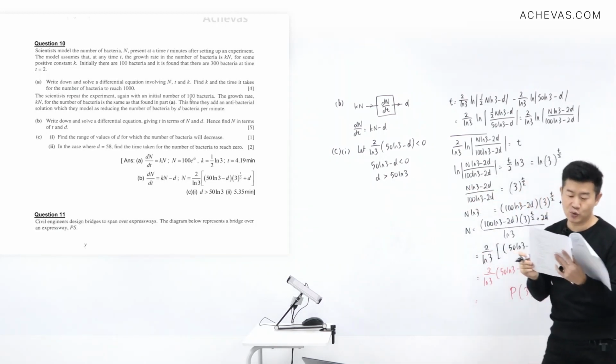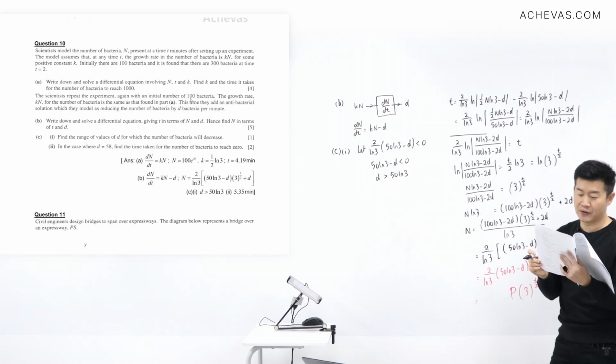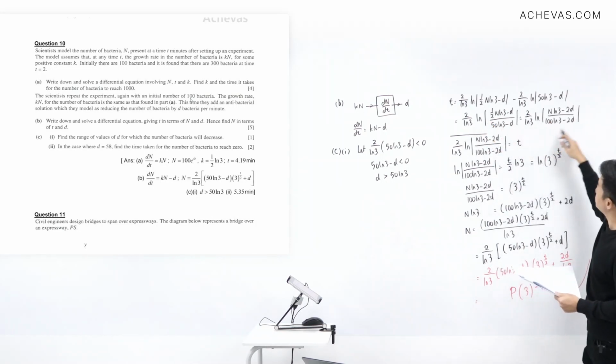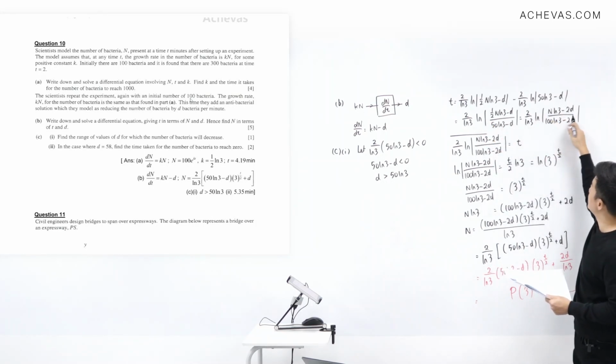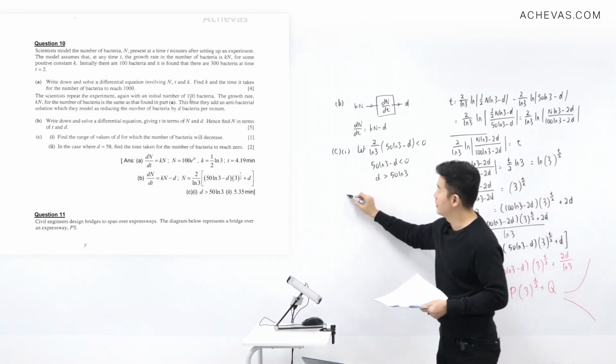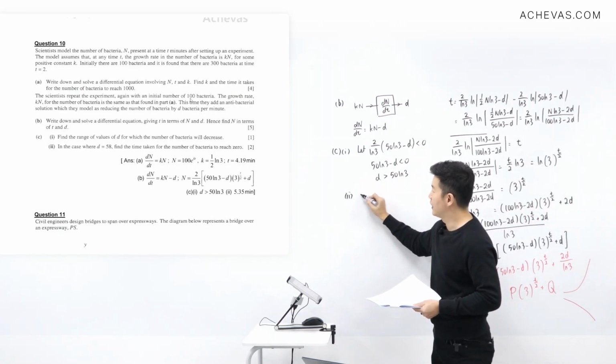As for C part 2, we are going to take d to be equal to 58. We want to find the time for the number of bacteria to reach 0. So we do have the time in terms of n and d, with d equal to 58. So let's try part 2. We're going to find t when n is equal to 0.